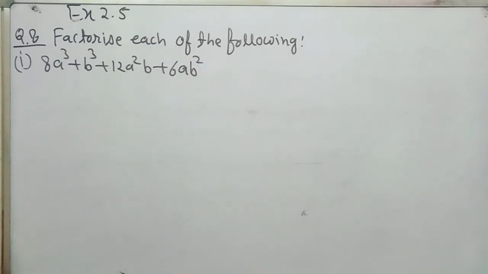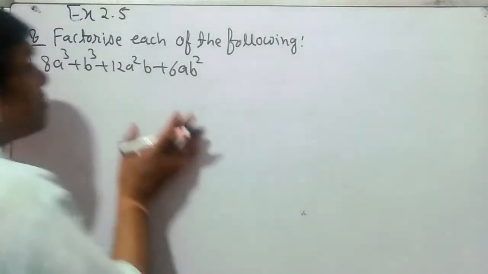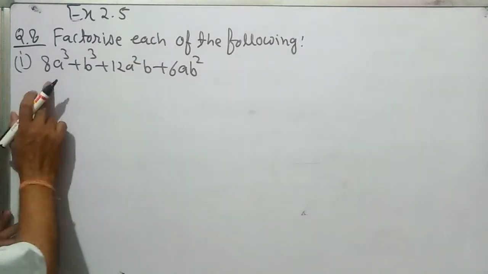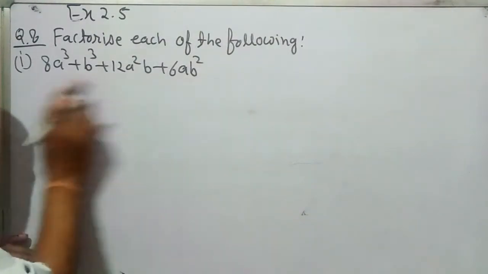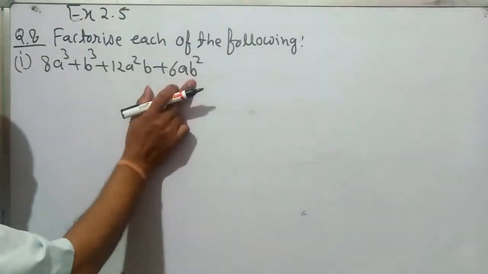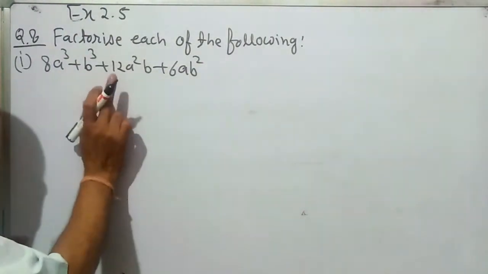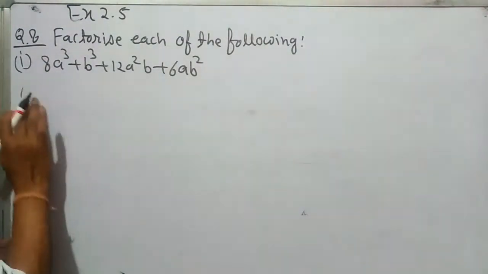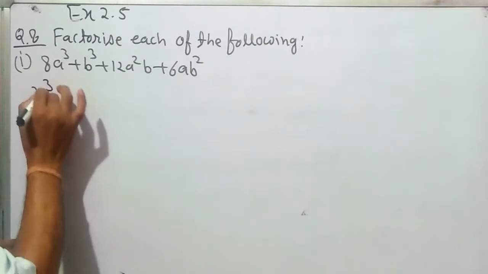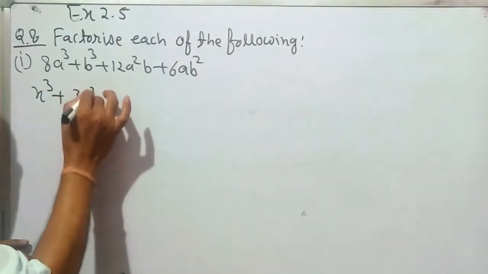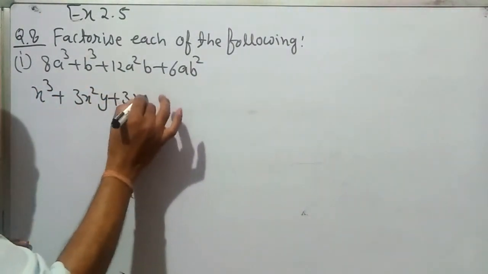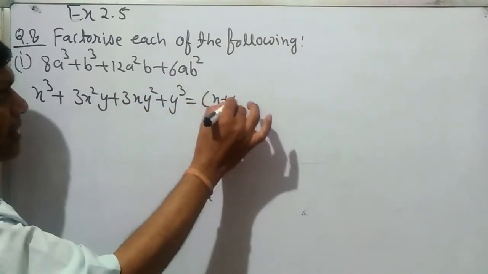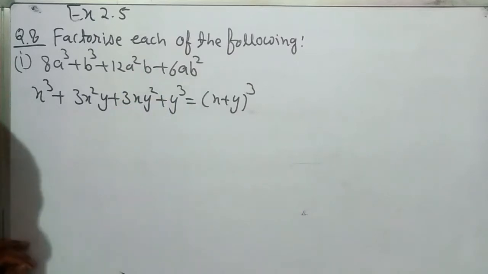Question number 8, students, is to factorize the cubic expressions. Again in this we observe 4 terms with 2 cubes and 2 squares on A as well as B. That means we have to use the identity, that is x cube plus 3x square y plus 3xy square plus y cube as x plus y whole cube.